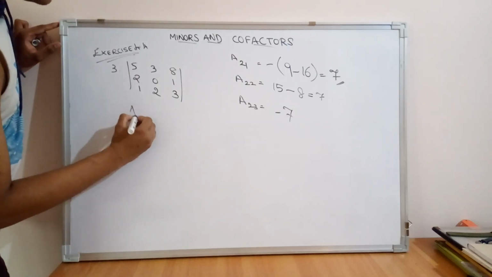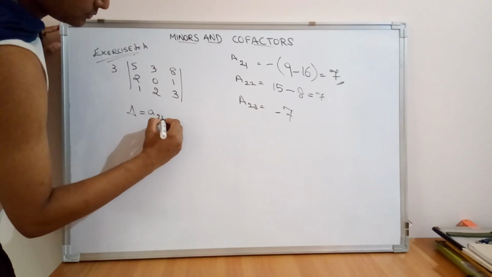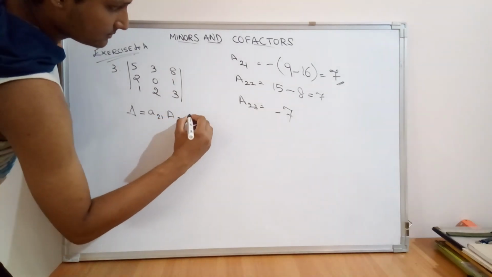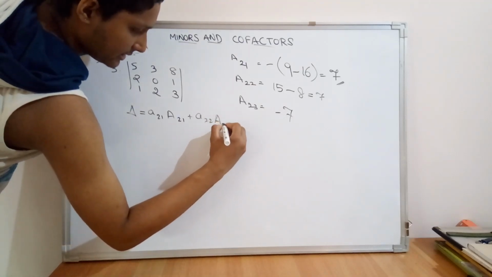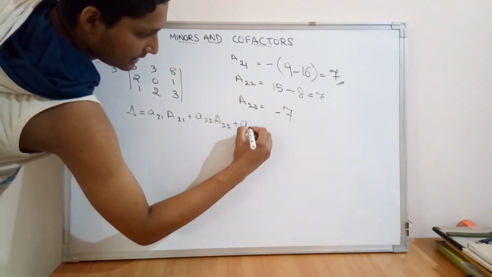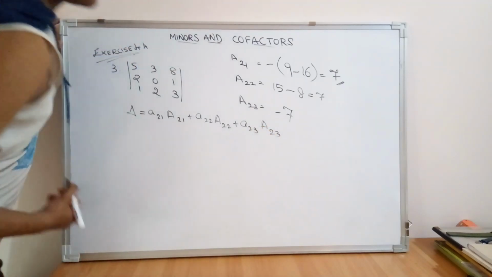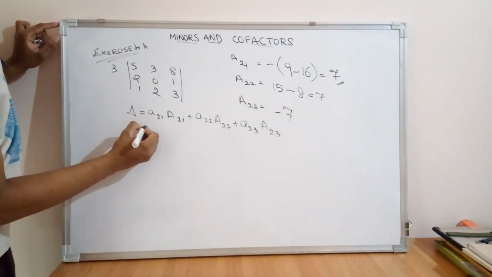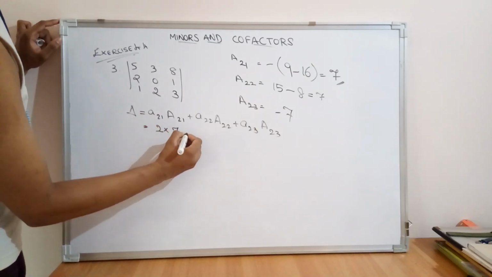So what is the value of this particular determinant? It is going to be a21 into a21 plus a22 into a22 plus a23 into a23. Okay, so what was a21? That is 2. This is 7.